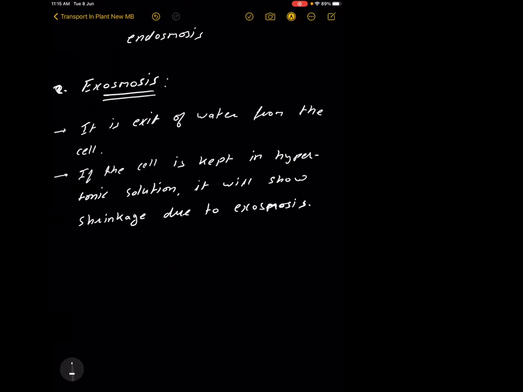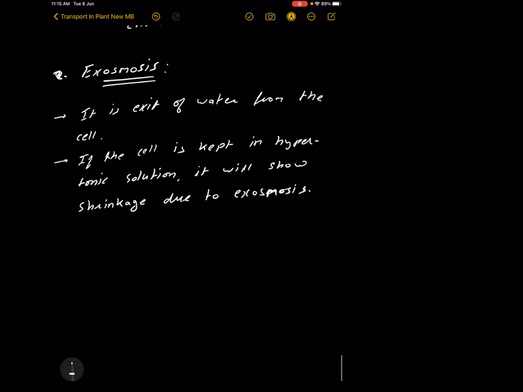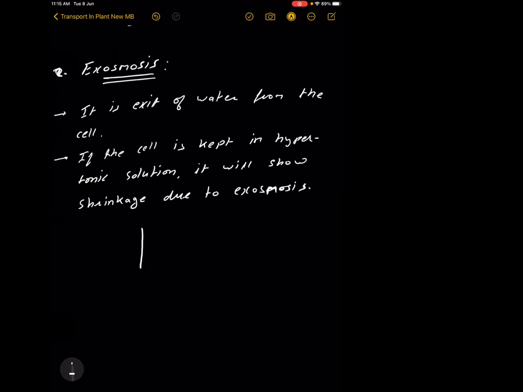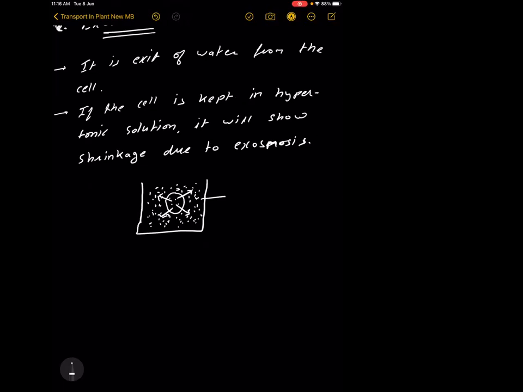If you are keeping this cell in a sugar solution or any hypertonic solution, in this case the inner solution, the cell sap, is hypotonic, but the outer solution is hypertonic as compared to the cell sap. So water moves out from the cell, and this condition is exosmosis.